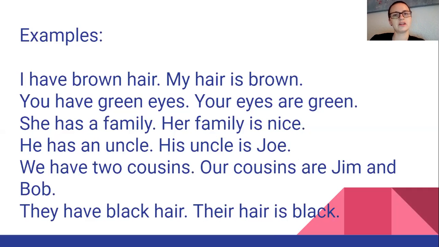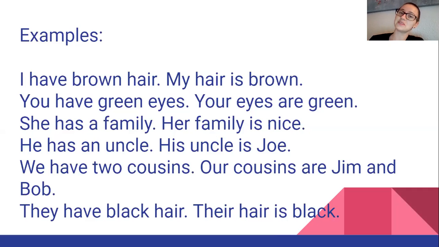So the second one, if we use the possessive adjective, make sure when you use a possessive adjective that the other person knows who you're talking about. So if I say, for example, his hair is brown, who am I talking about? You might say, I don't know. And I'll say, oh, I'm talking about Ludo. You just saw him. But you didn't know because I wasn't talking about Ludo first, right?